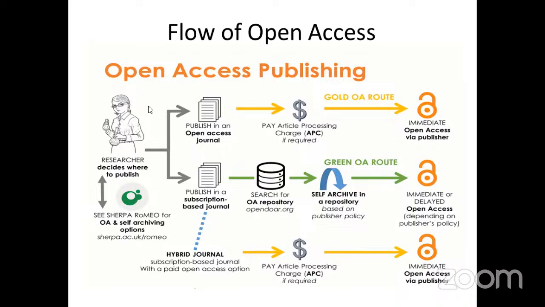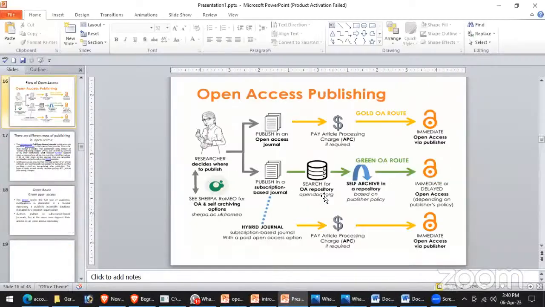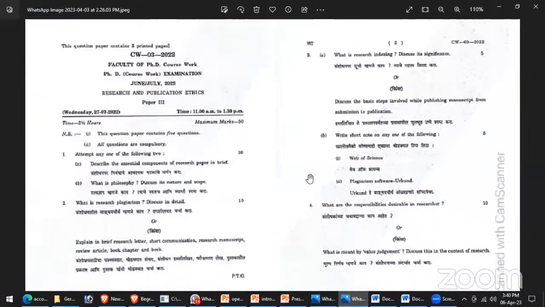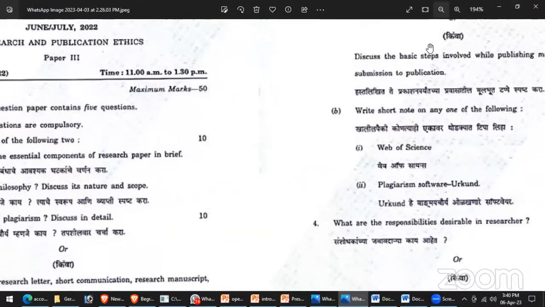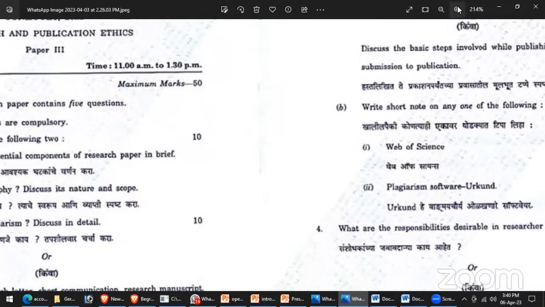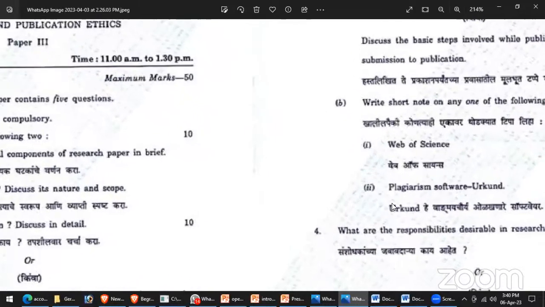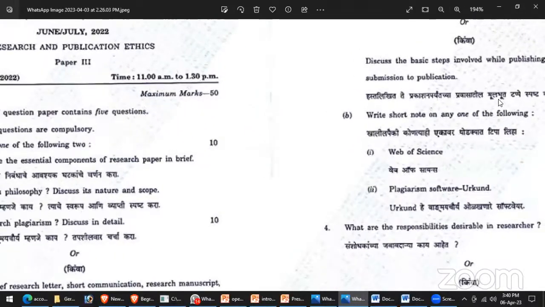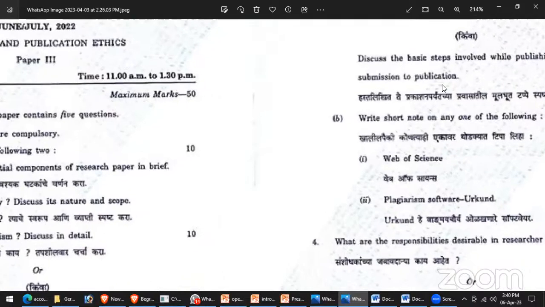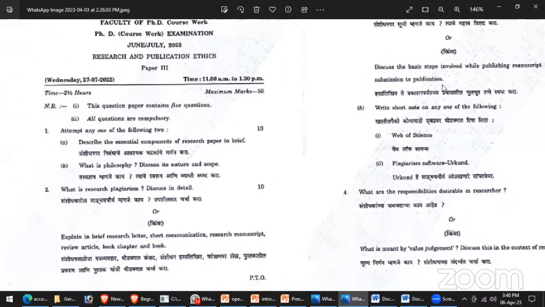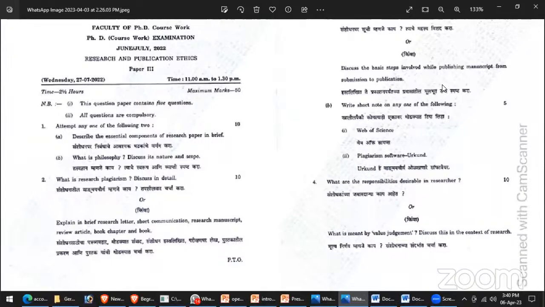I just want to show you that once. Can you see the research paper? Yes, ma'am. Discuss the steps involved in publishing a manuscript, submission to the publication.